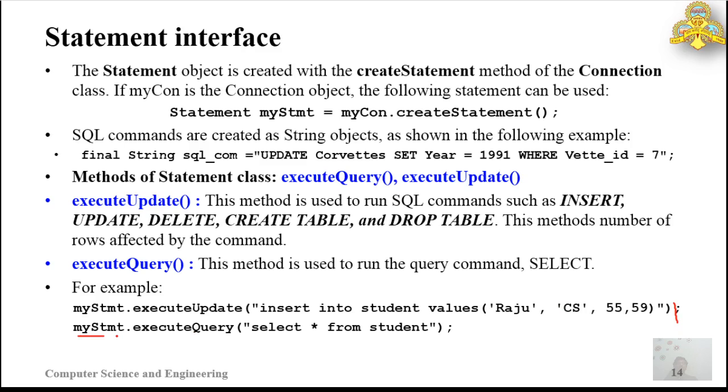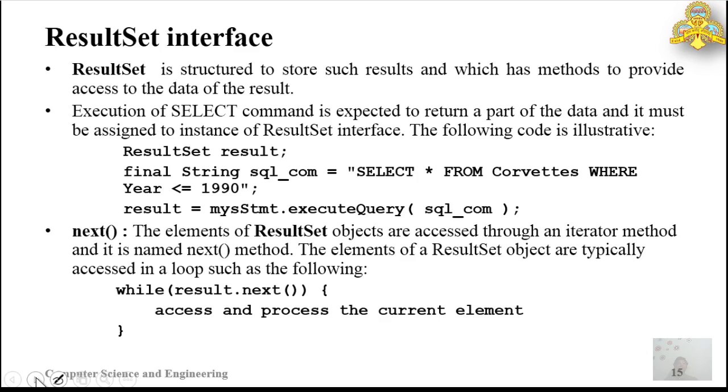My statement dot executeQuery. This is a select command, and usually this command returns one object that is known as a ResultSet object. ResultSet is an interface, and it is structured to store the results of query commands. For example, a select command's result is stored in a ResultSet object.